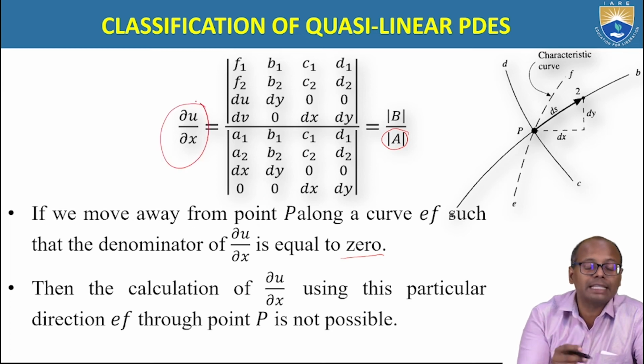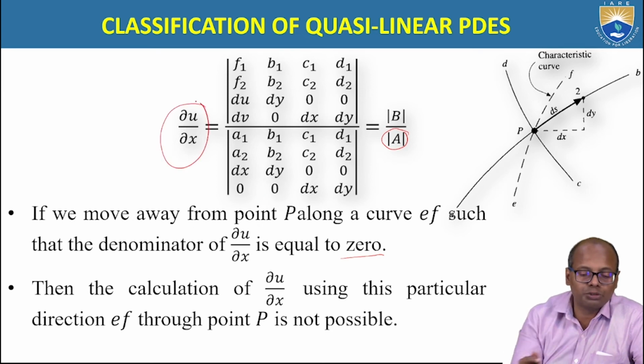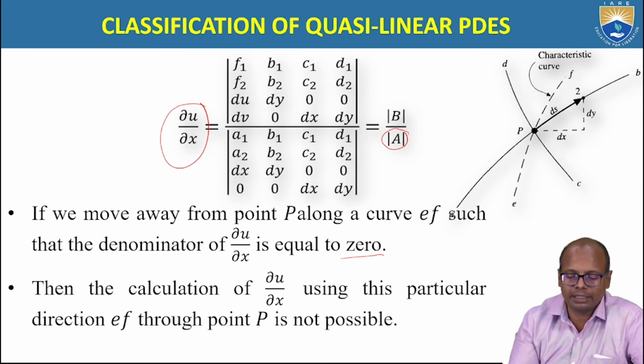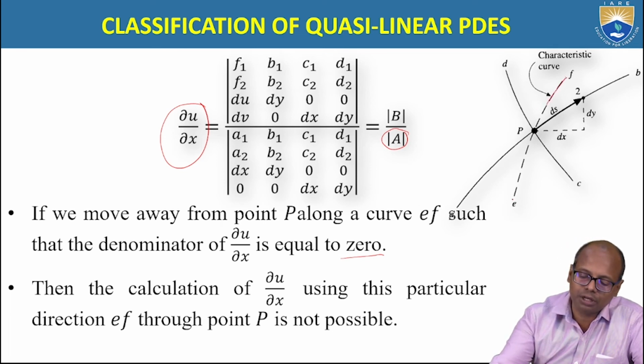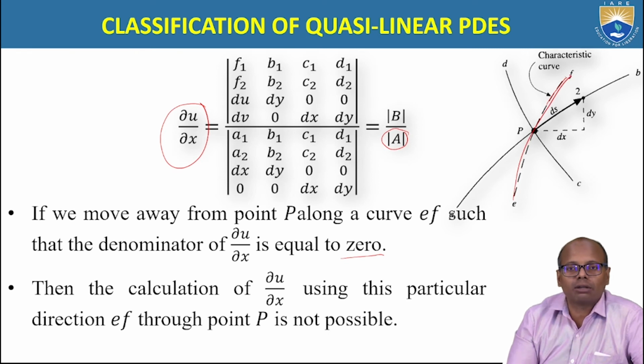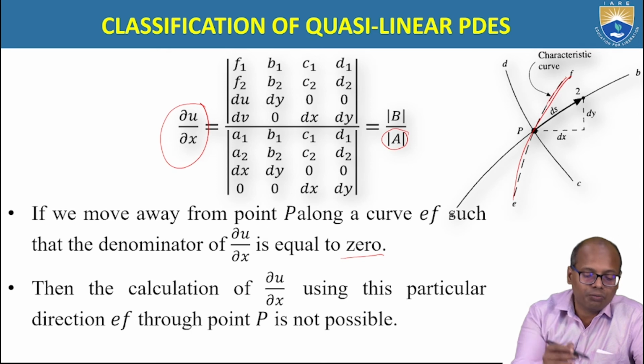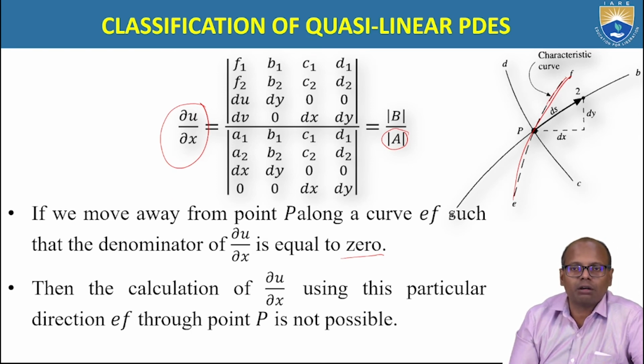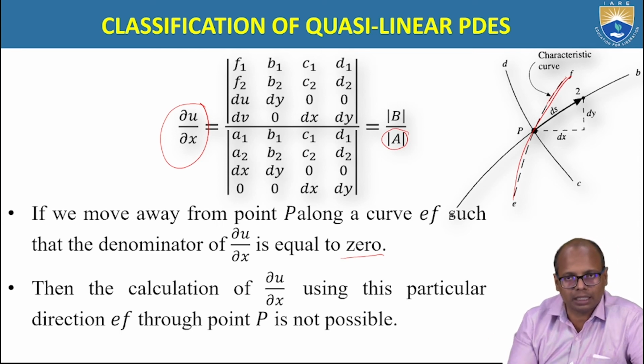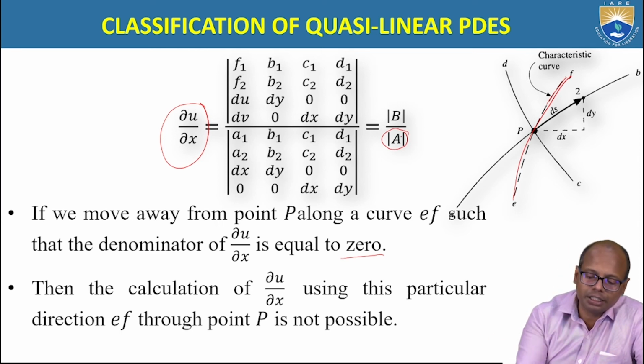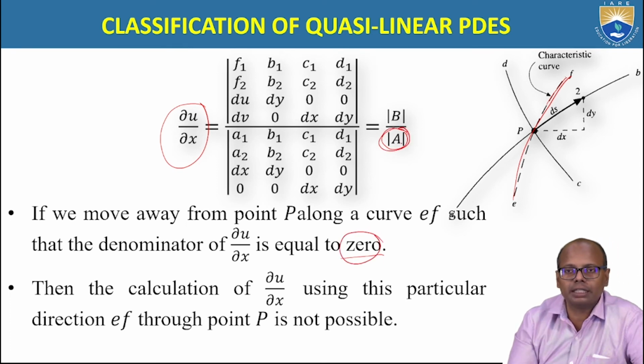When dou u by dou x is indeterminate, then the curve along which we are passing is called the characteristic curve. Now for this dou u by dou x to be indeterminate, or the curve to be a characteristic curve, what is the condition? The denominator must be equal to 0. The determinant of A must be equal to 0.